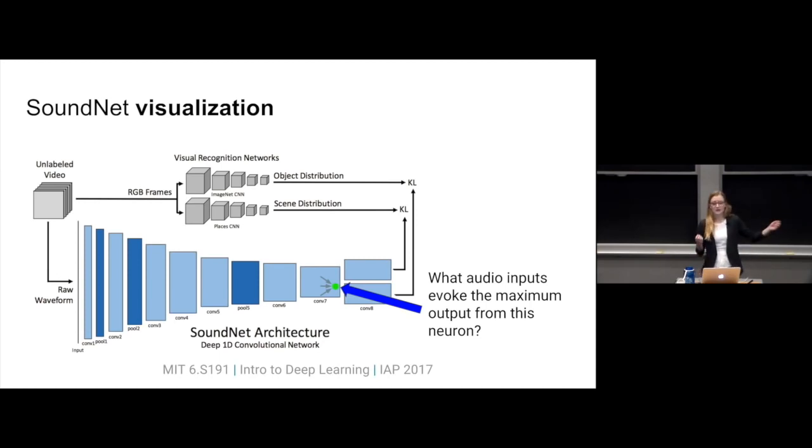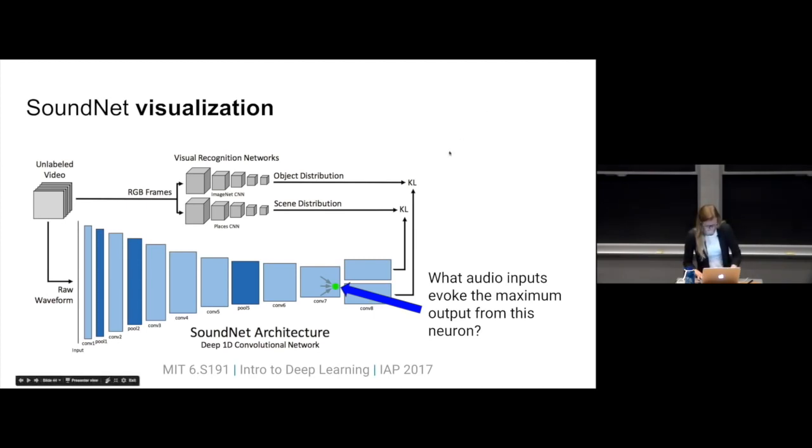And we can keep track of which audio activates it the most. So if we feed in our entire data set, we can say, hey, here are the top 9 sounds that activate this neuron. So this is really interesting because we expect the neural network to learn hierarchical representations of whatever task we're training on. So if we're looking at audio here, we expect CONV7 to have some high-level features about audio.